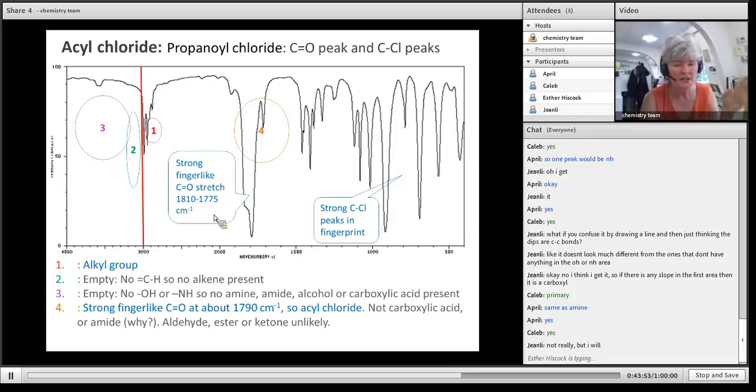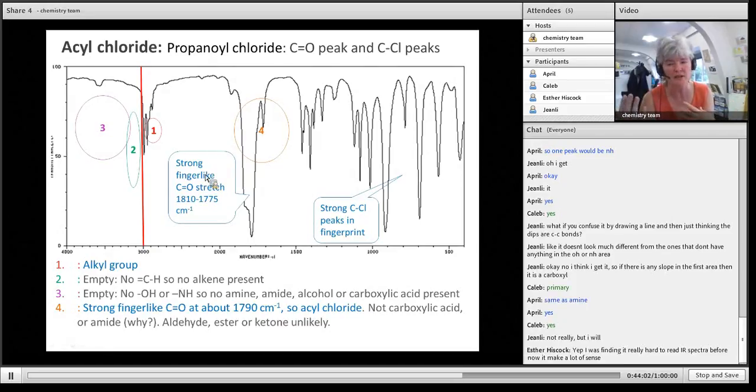So you get given the functional groups with where the peak ranges are. We just simply don't say strong finger-like, or broad triangular, or parabola. That's what you have to remember. But we do give you that OH would be over here, NH would be over here, and so on.